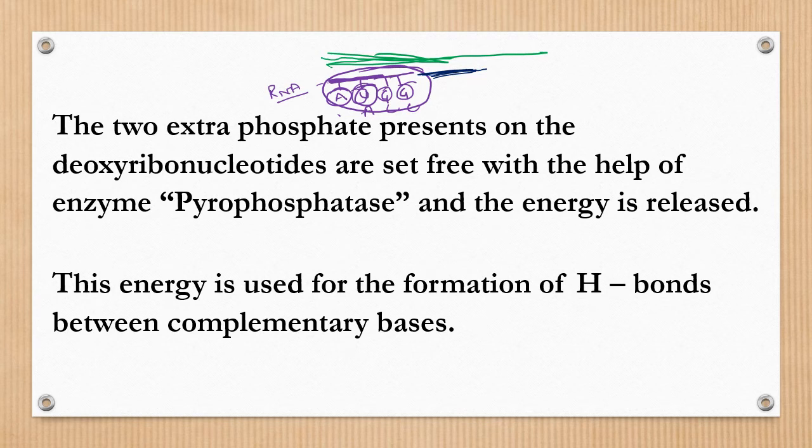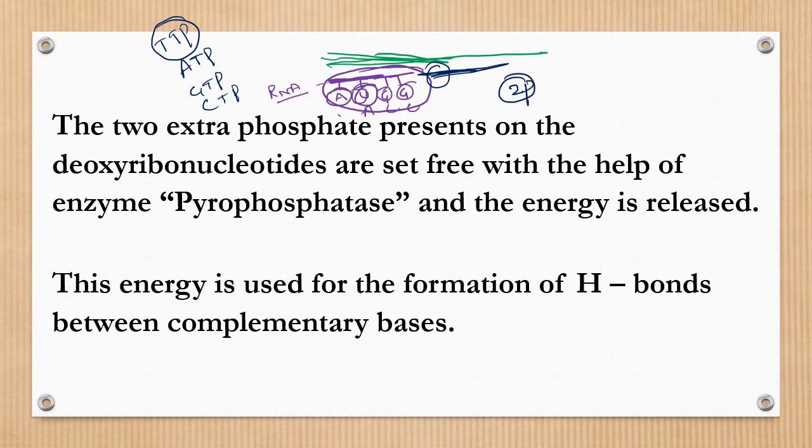Okay, now what we said: the nucleotides are first phosphorylated. That means they become triphosphates: ATP, GTP, CTP, and TTP. So when these triphosphates are joined in nucleotide formation, they lose two phosphates.